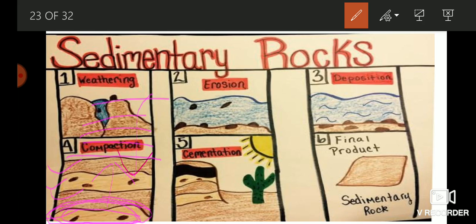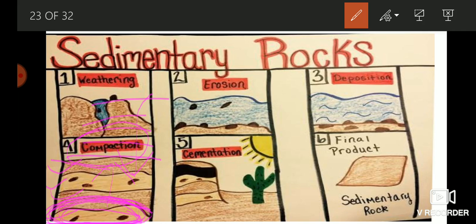Their weight creates pressure on the bottom layer. That is compaction.